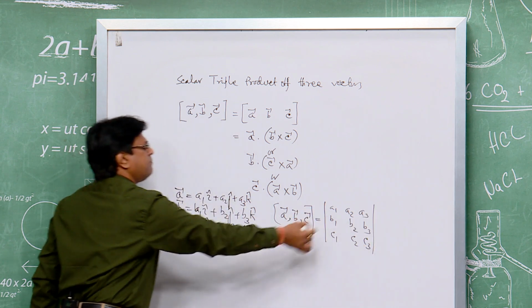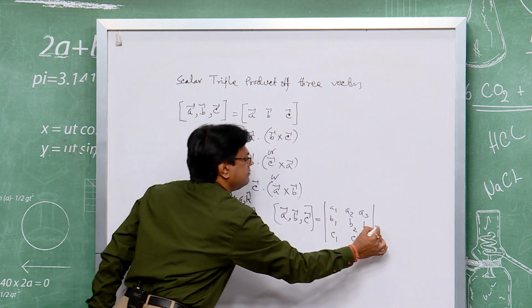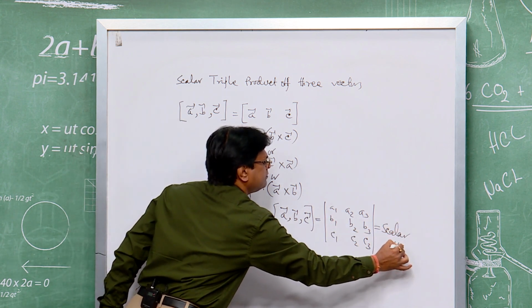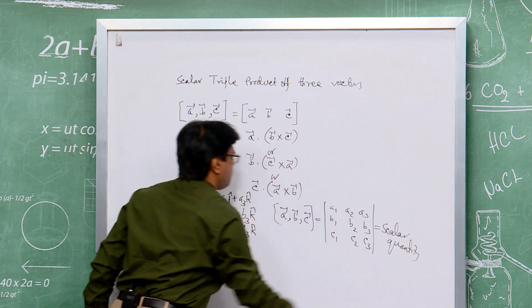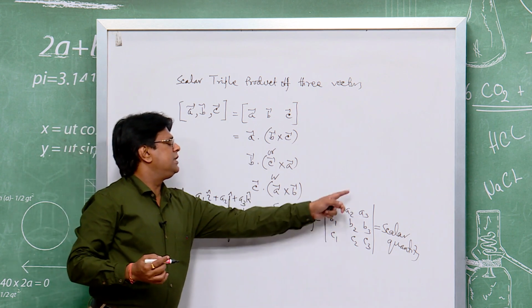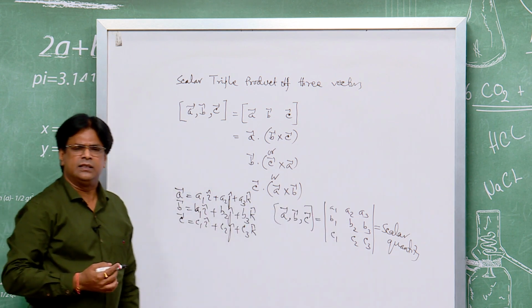So, this is your scalar quantity. Scalar triple product is a scalar quantity. So, scalar triple product can be determined by this determinant.